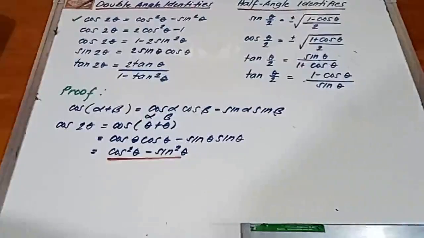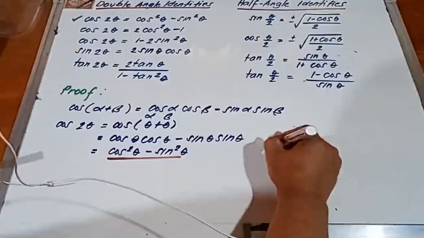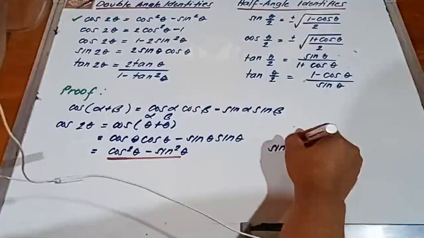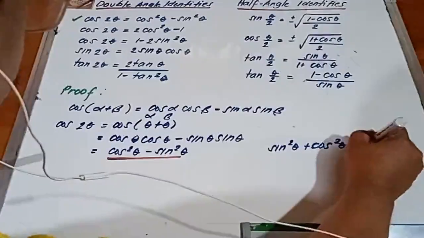And for the second double angle identity, which is also cosine 2 theta, ang gagamitin na lang natin ay yung ating Pythagorean identity. Okay? Yung ating Pythagorean identity is this one. So, we have sine squared theta plus cosine squared theta is equal to 1.